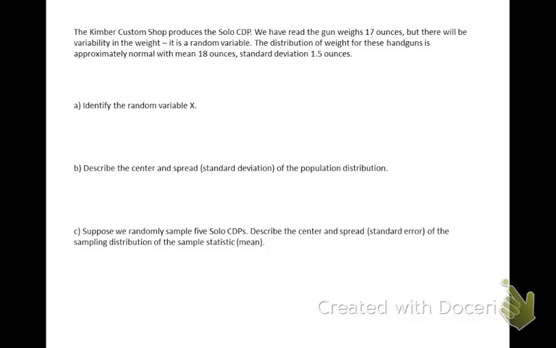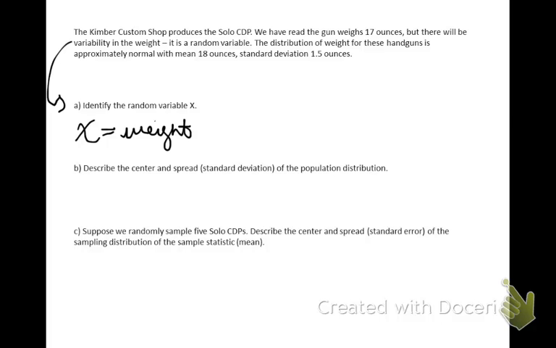The Kimber custom shop produces the Solo CDP. We have read the gun weighs 17 ounces, but there will be variability in the weight. It is a random variable. That right there tells us what our variable x is. We know that the random variable x is the weight of the Kimber Solo CDP.